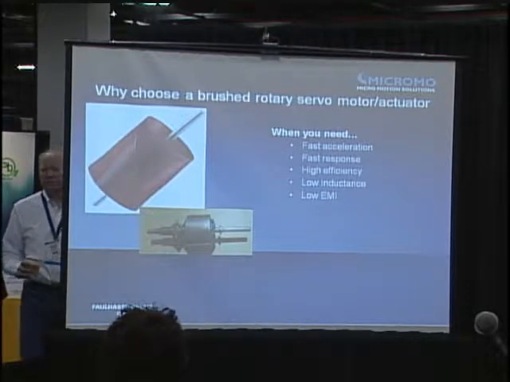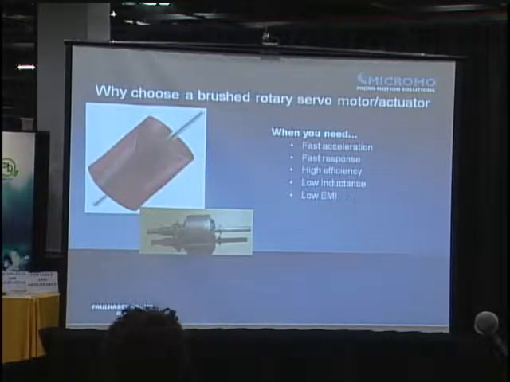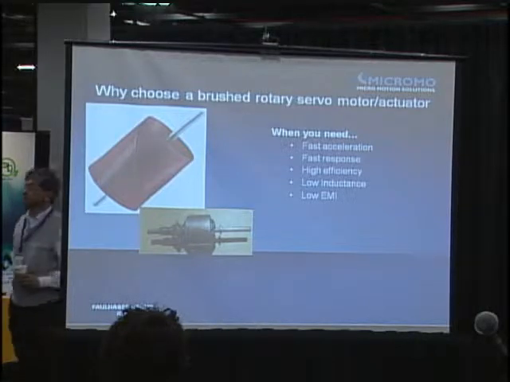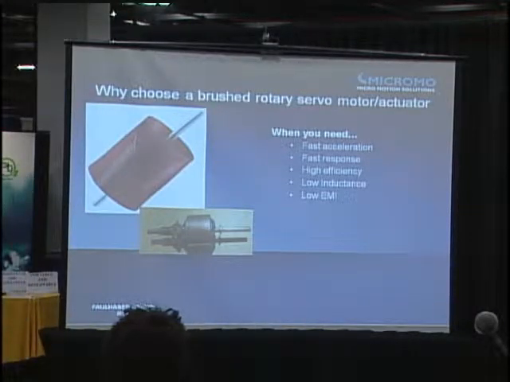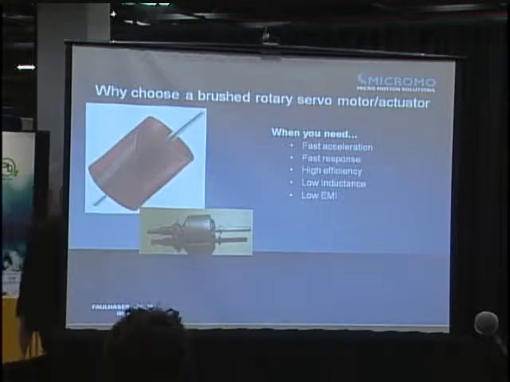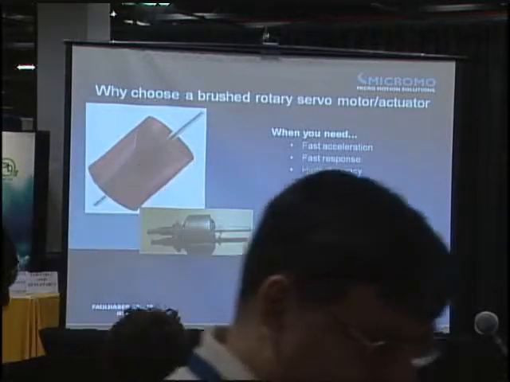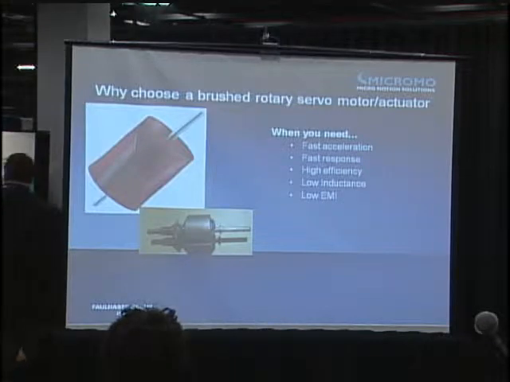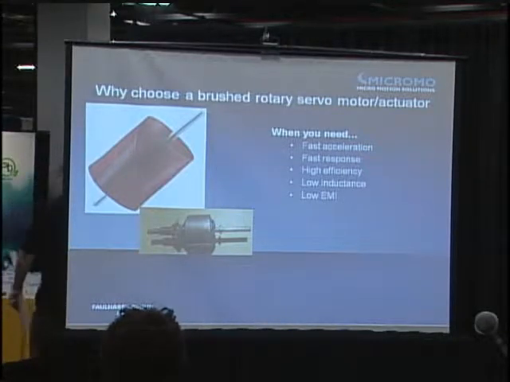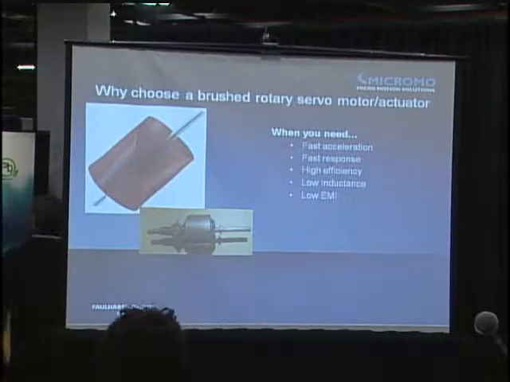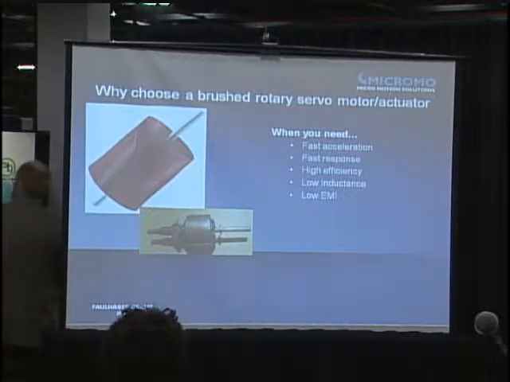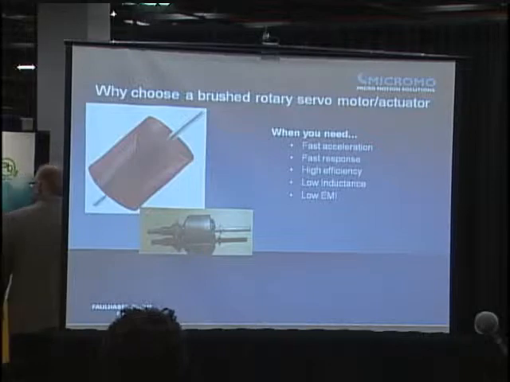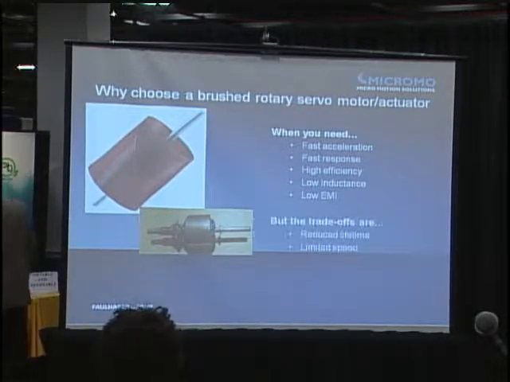These motors allow you fast accelerations if you're doing critical positioning, and speed is of the essence. They're good on the efficiency and in most cases low EMI as well. The brush motors tend to be a little noisier, but even a brushless motor, the electronics are typically PWM, and those tend to be noisy in the device.